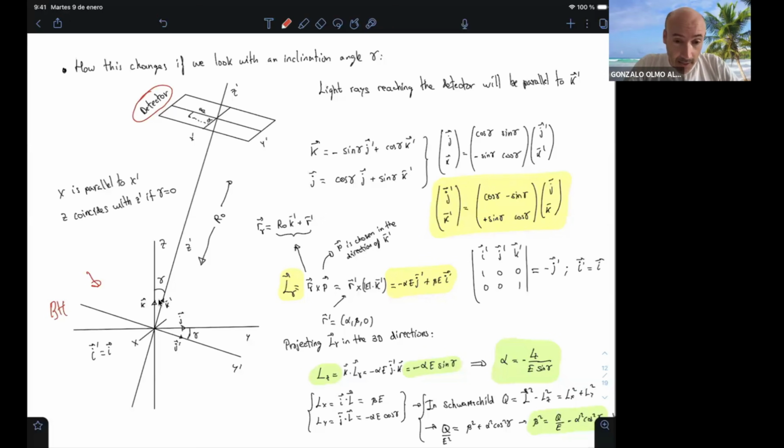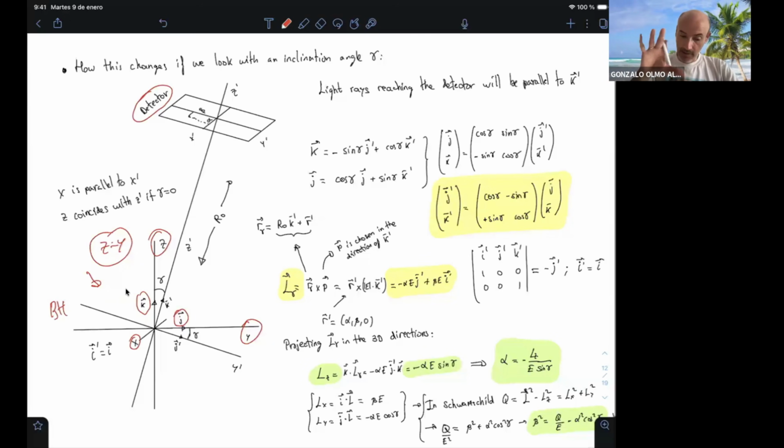And in this way, we just need to do simple trigonometry or play with vector decomposition on a plane. So for the CXY axis, we are just looking at the CY plane. So we have the vectors K and J, okay?